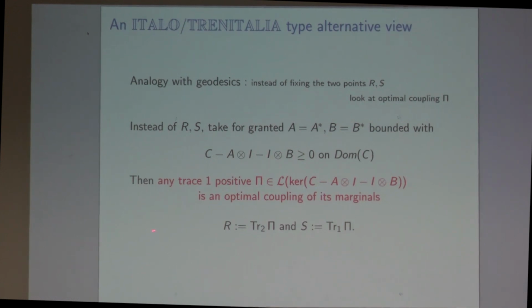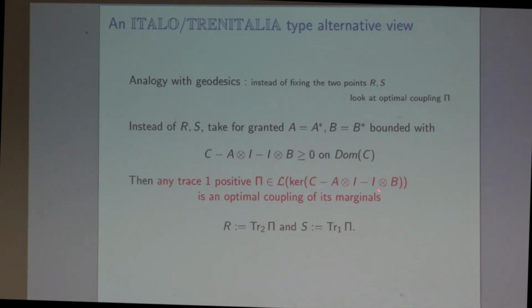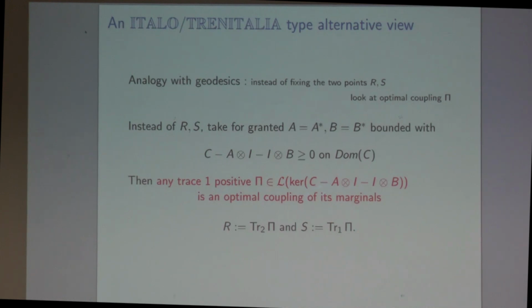So the result is that if I take any density matrix which lives on this kernel, then it's an optimal coupling of its marginals. Of course, it's a coupling of its marginals. That's totally tautological. Any coupling is a coupling between these two marginals. That's the definition of a coupling. But now it's an optimal coupling between these two things.